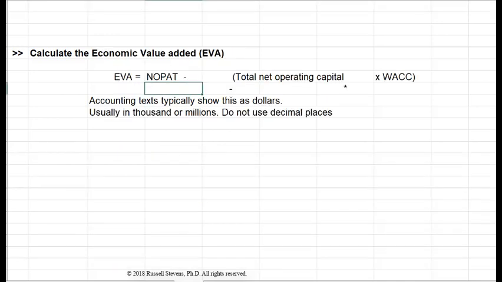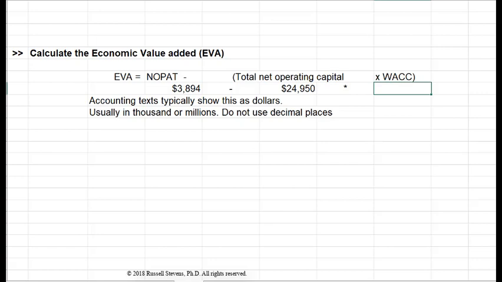The final metric for this video, the Economic Value Added, or EVA, uses two numbers that have already been used, plus one more number from the bottom of the PDF printout. Enter the NOPAT of 3894 into the appropriate workbook cell, and enter the total net operating capital of 24,950 into its appropriate workbook cell.